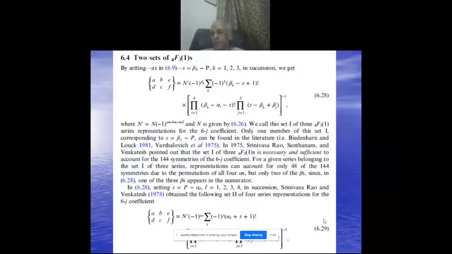In my quantum theory of angular momentum, the following results were obtained. The 3j coefficient, if written in terms of hypergeometric series, needs a set of 6 3F2 hypergeometric functions. If you want to write the 6j coefficient as a hypergeometric function, you can have either a set of 3 hypergeometric functions or a set of 4.